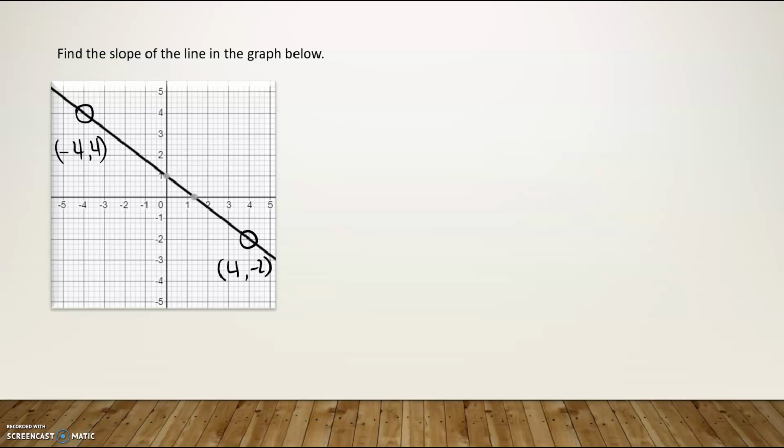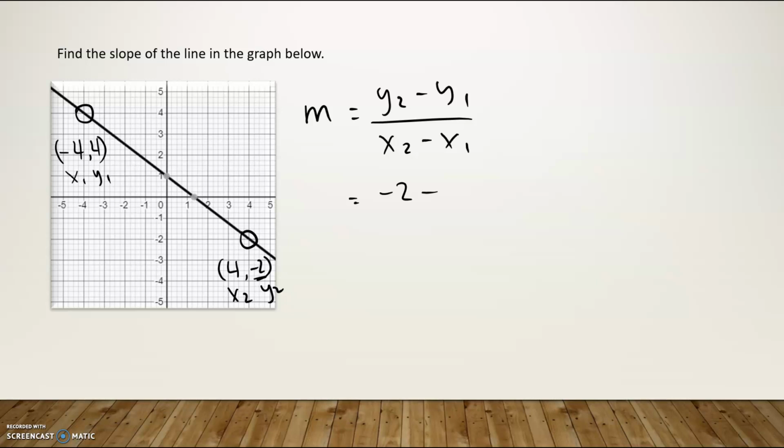Okay, so we can say that this is x sub 1, y sub 1. We'll call this x sub 2, y sub 2. So m is equal to y sub 2 minus y sub 1 over x sub 2 minus x sub 1. Y sub 2 we said was negative 2, minus y sub 1, which is 4, over x sub 2, which is 4, minus x sub 1, which is negative 4. I'm going to put those in parentheses.